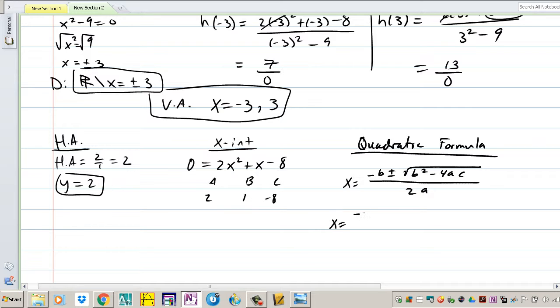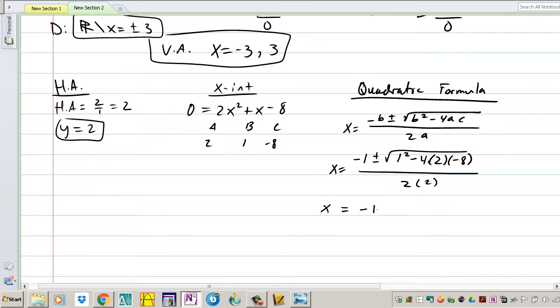So it's going to be negative 1 plus or minus 1 squared minus 4 times 2 times negative 8 all over 2 times 2.